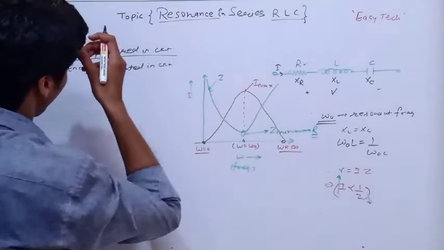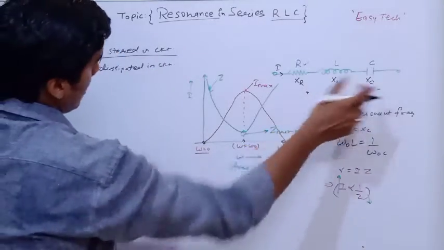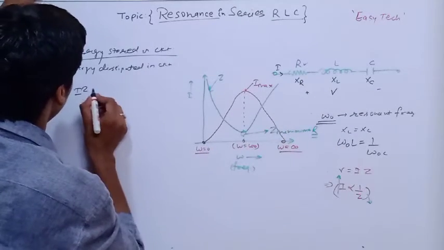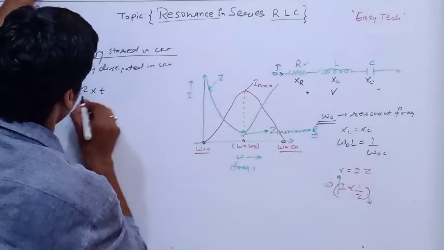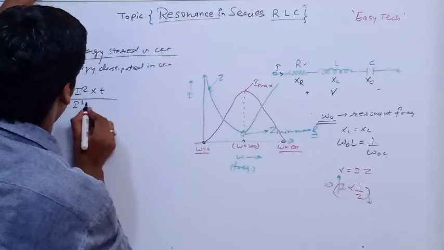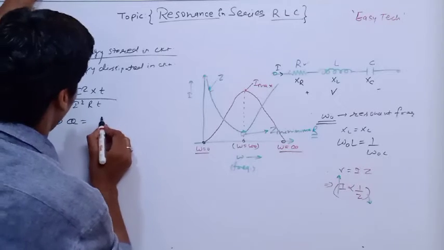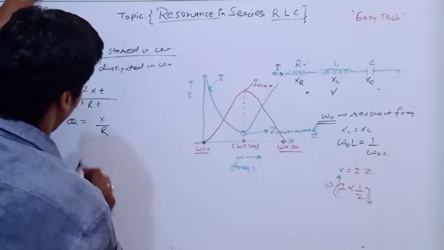So here L and C are the energy storing elements. So if I consider L, here it will be I square X multiplied by I square R. So the value of Q is equal to X upon R.